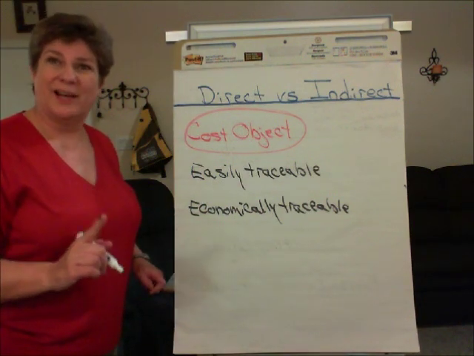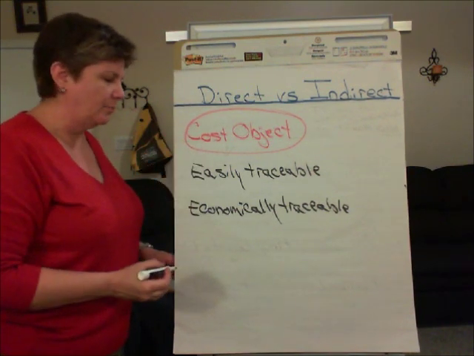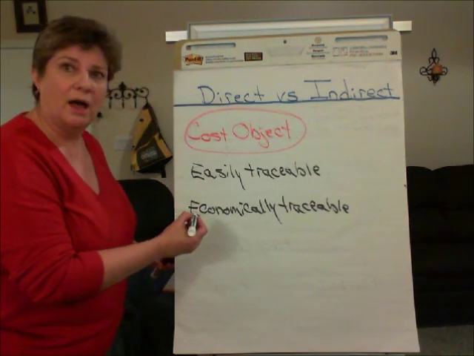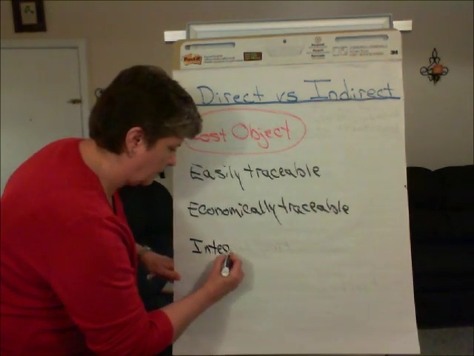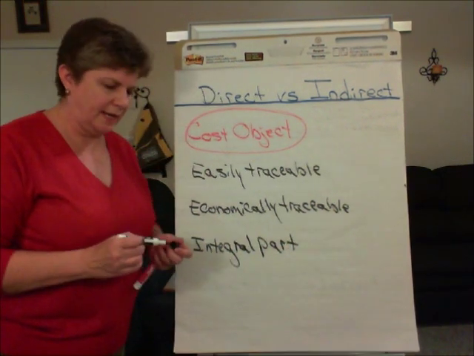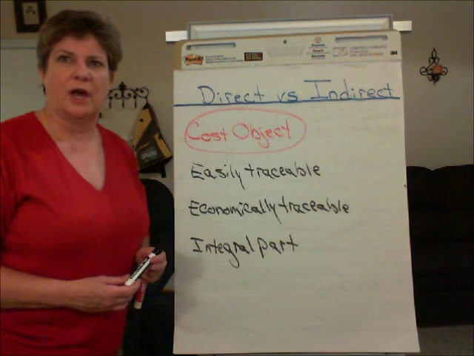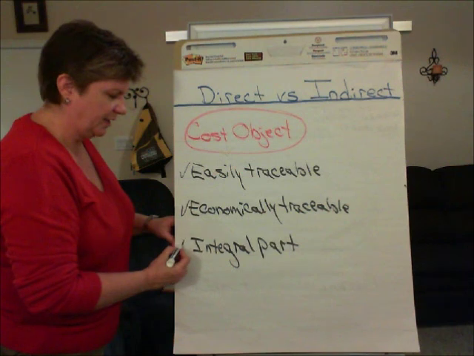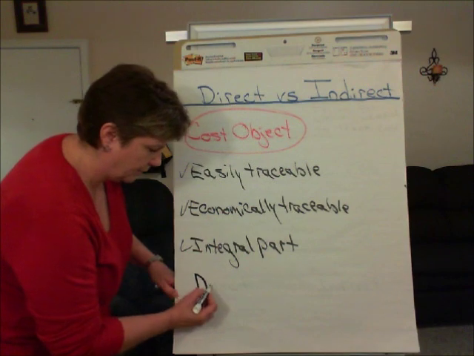And the third criteria for a cost to be classified as a direct cost of the cost object is that that cost needs to be an integral part of the cost object. So this is a large dollar amount of the overall cost of the cost object. So if a particular cost meets these three criteria, then it's going to be classified as a direct cost.